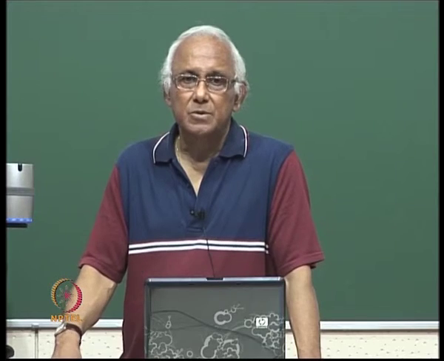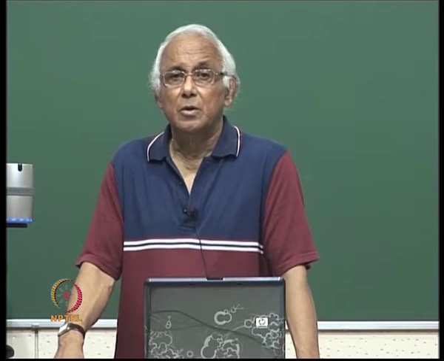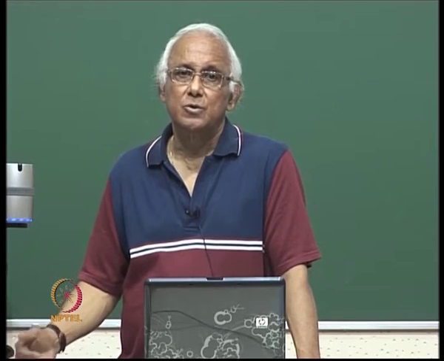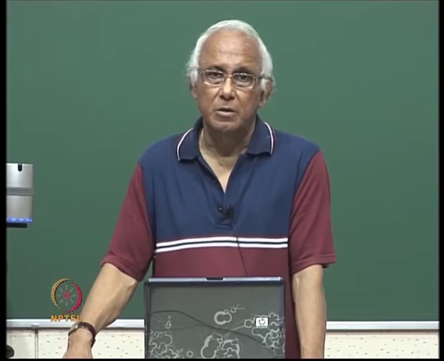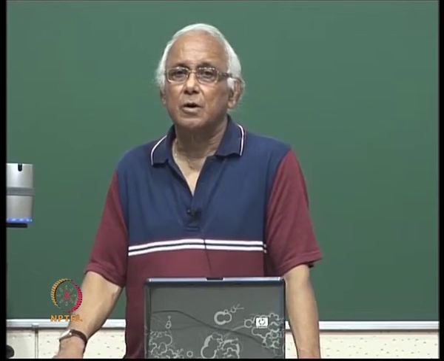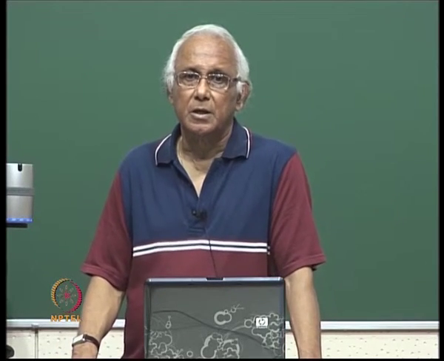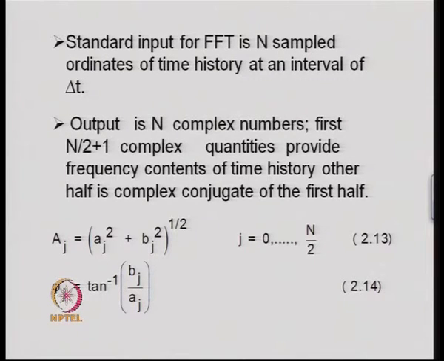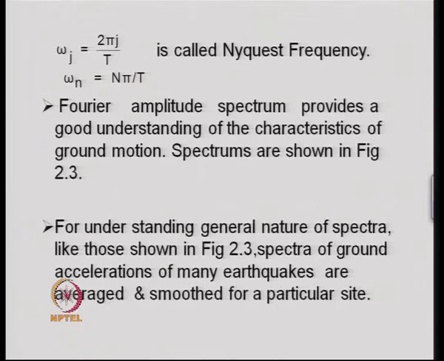Therefore, in terms of the amplitude at a particular frequency, they do not give any additional information. Similarly, so far as the phase is concerned, they also do not give any additional information. Therefore, the first n by 2 plus 1 values of the total n values of X(i omega) obtained from FFT are used for obtaining the Fourier spectrum.